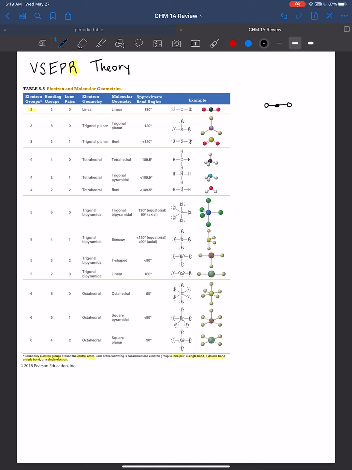All right, so if you have three electron groups, and let's just start with three bonded groups with zero lone pairs, the maximum bond angle three groups around a central atom can form is 120. We call that trigonal planar because if you look at the molecule, it looks like a triangle. And if we were to rotate this 90 degrees backwards, it would be flat, right?